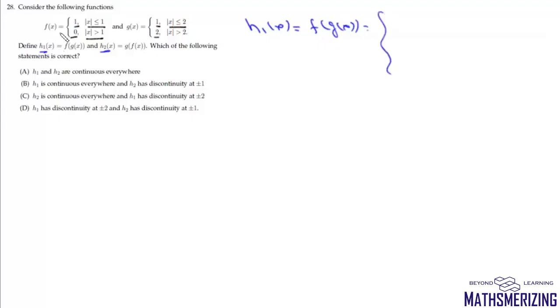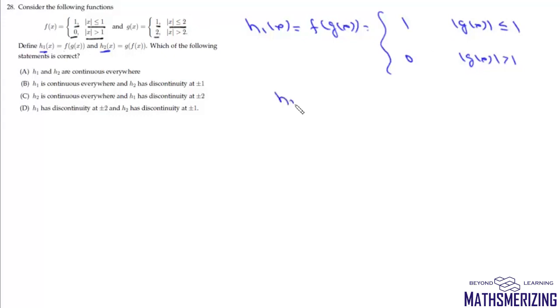So we'll take this function f(x). We can write f of g(x) as 1 when |g(x)| is less than or equal to 1, and it is 0 when |g(x)| is greater than 1. Now looking at the value of g(x), g(x) is 1 when |x| is less than or equal to 2.